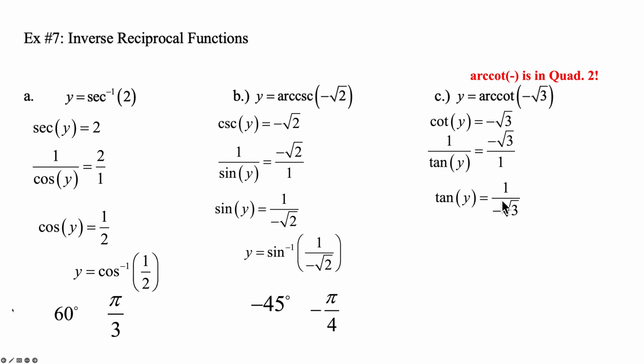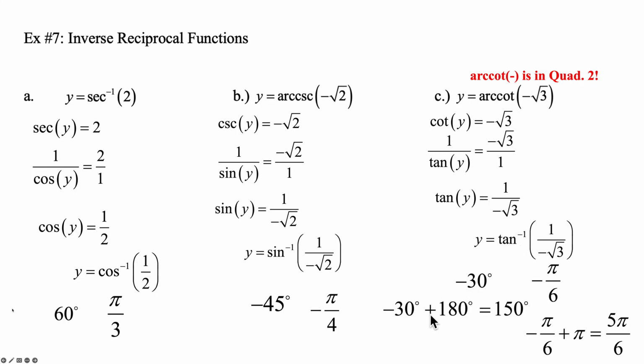This is going to be inverse tangent of 1 over negative square root of 3, which is negative 30 degrees or negative pi over 6 for inverse tangent. But we have to go into quadrant 2. So again, we add 180 degrees to our negative 30, which takes us to 150 degrees. Add pi to our negative pi over 6, that takes us to 5 pi over 6.